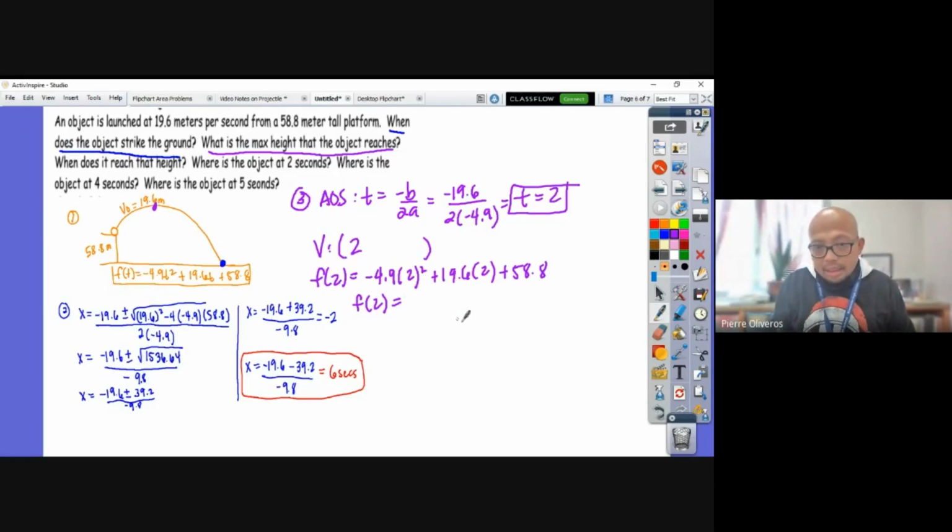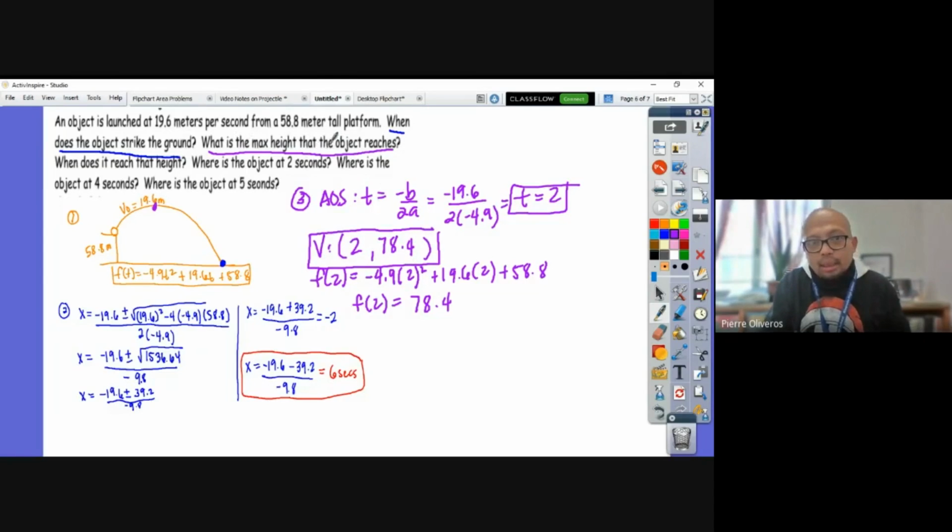That will be 78.4. So therefore, comma, this is 78.4. That's the vertex. So what's the meaning of that? What is the maximum height that the object reaches? The maximum height the object reaches here is 78.4 meters.